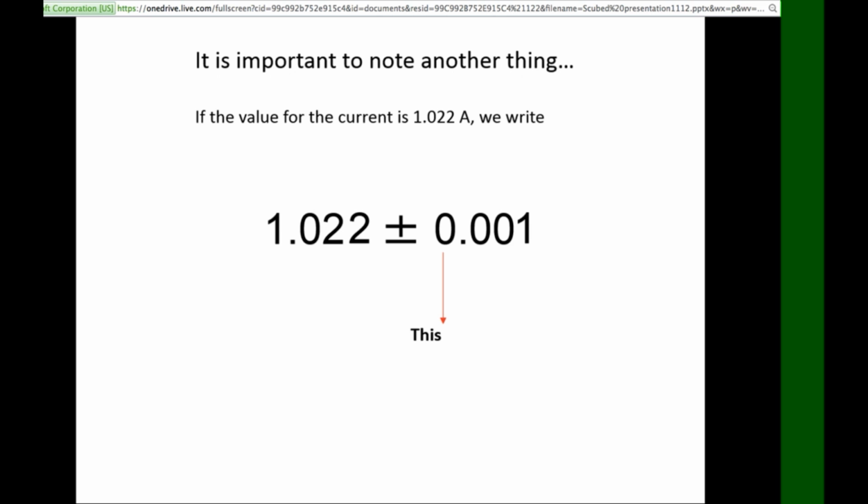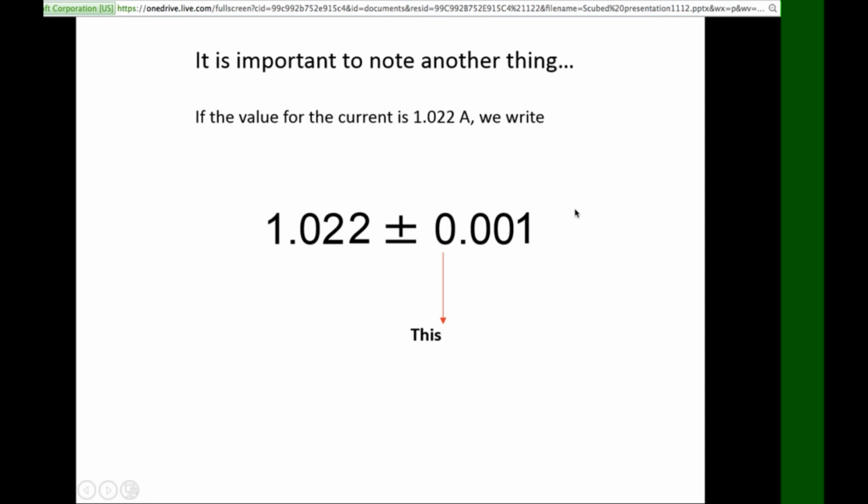Now, what I would like to point out here is that if we have 3 decimal places in the value that comes in front of the plus and minus, you've got to have 3 decimal places in the uncertainty.